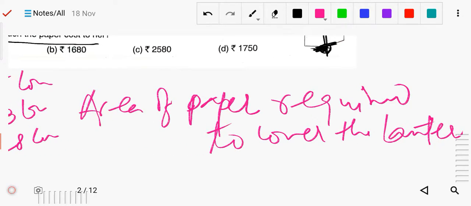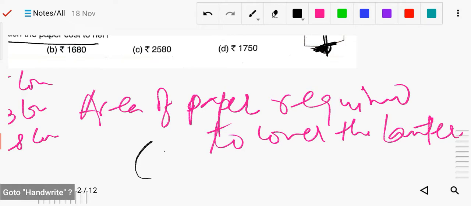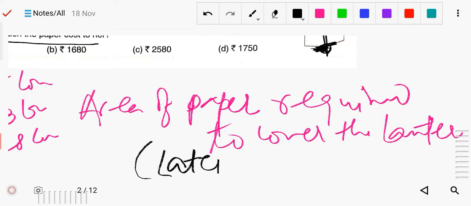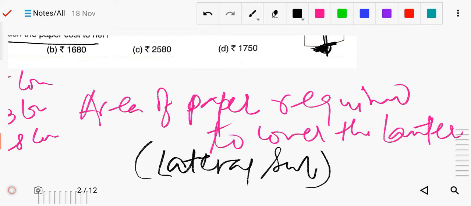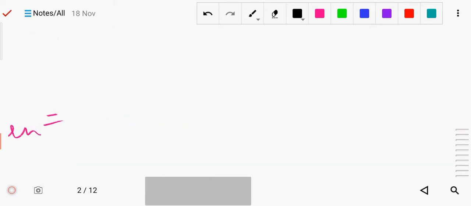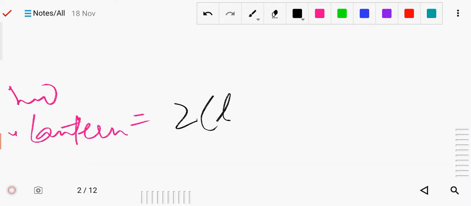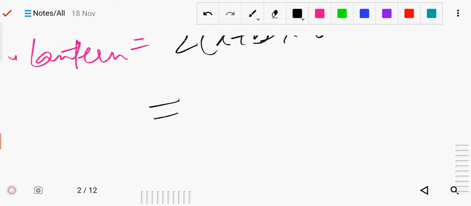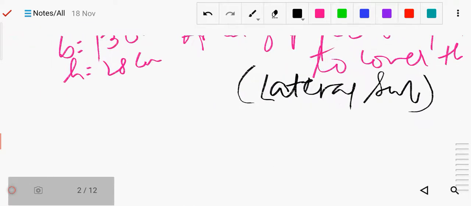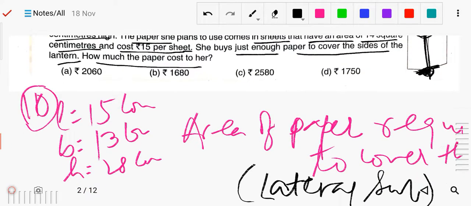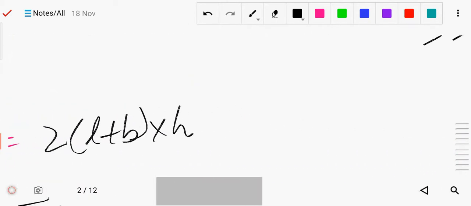It is four-walled, or simply you can say it is a lateral surface. So you can use that formula, 2 into (L plus B) into H. L, B and H are all given, so now put these values here.